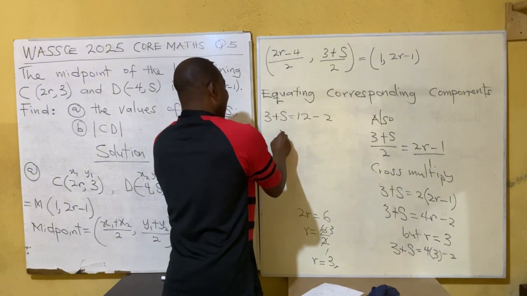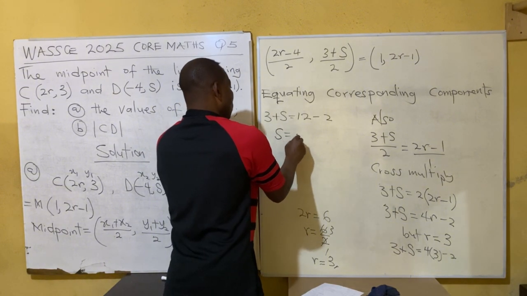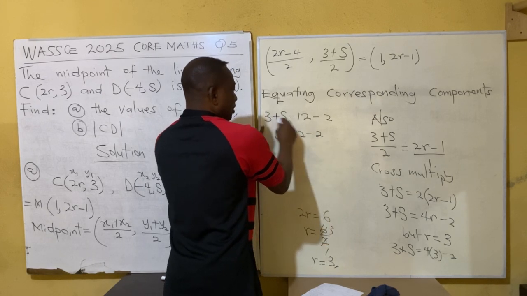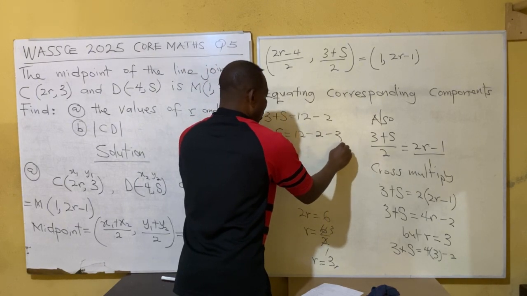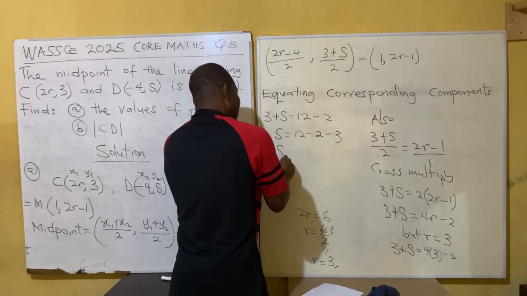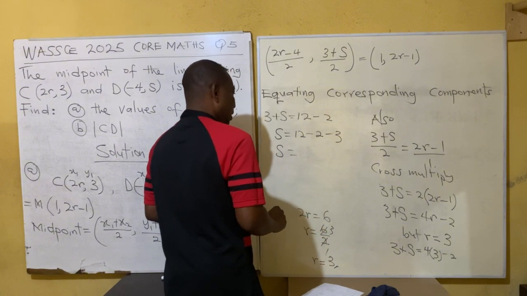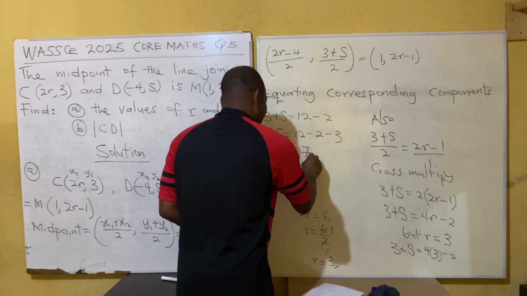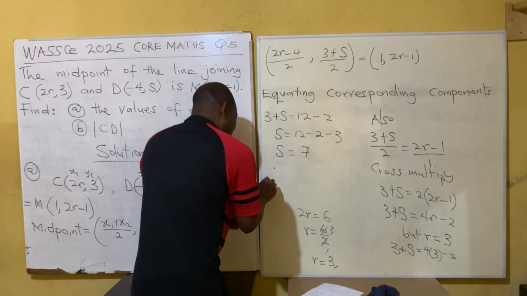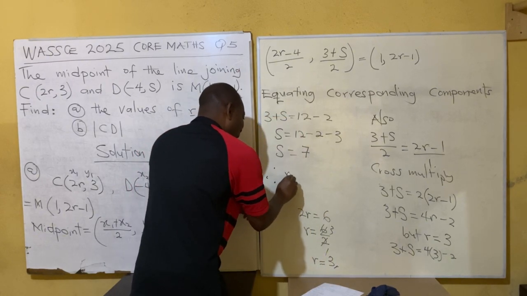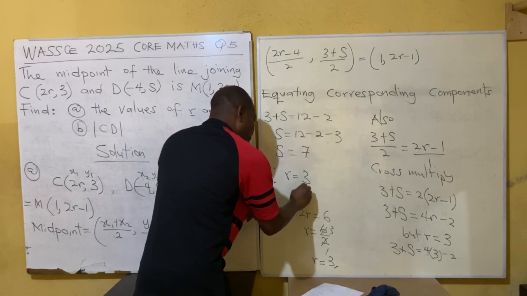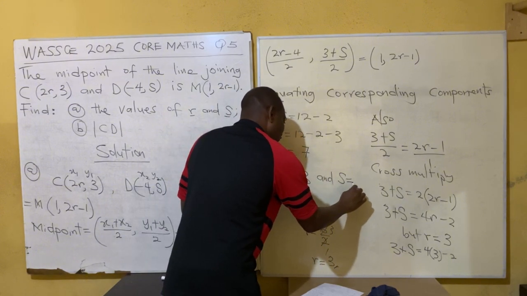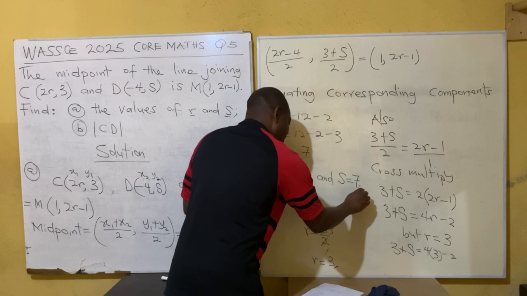So we have s is equal to 12 minus 2 minus 3; this crosses the equal sign and becomes minus 3. So the s we are looking for here is equal to 7. Therefore, r is equal to 3 and s is equal to 7.